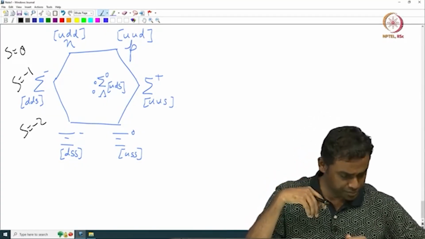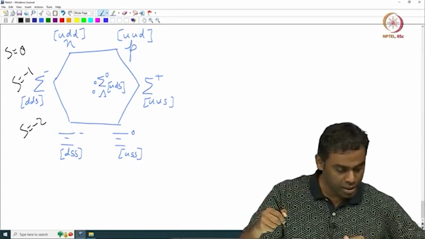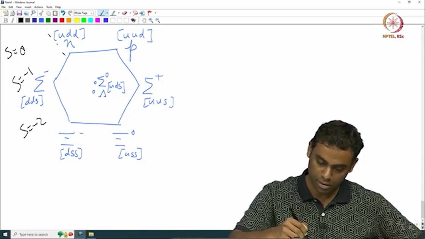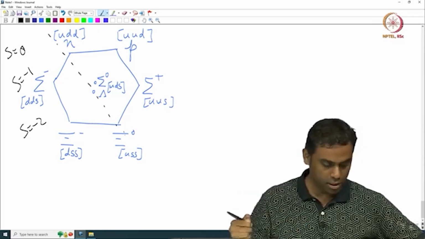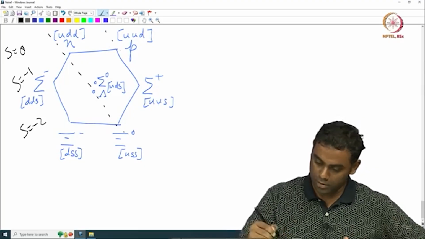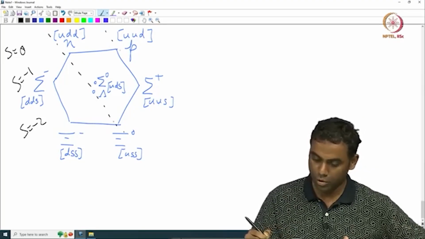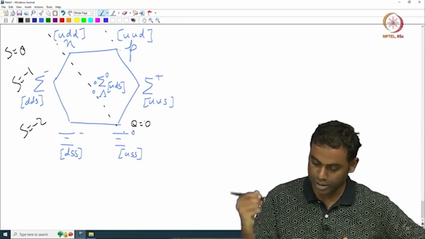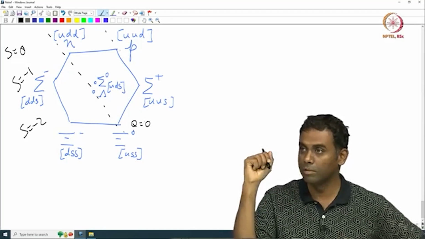But that is not all. If you look in the diagonal direction, this central diagonal has an electric charge of 0. These are all electrically neutral.